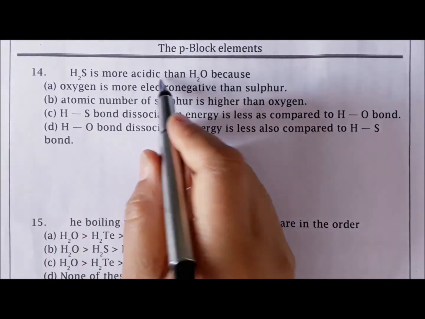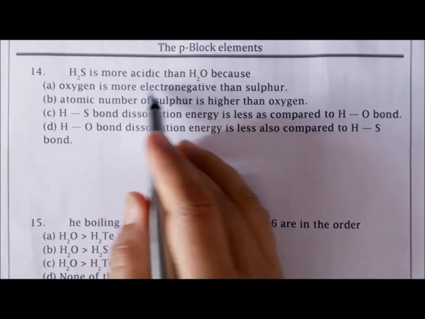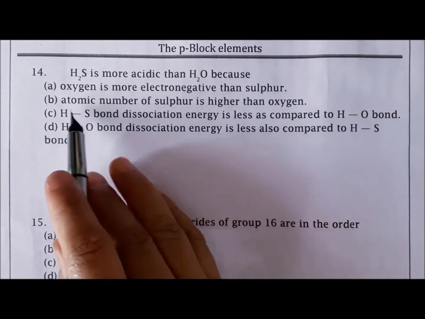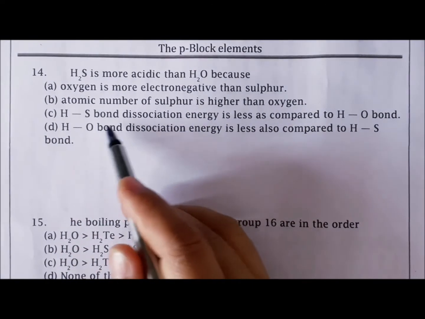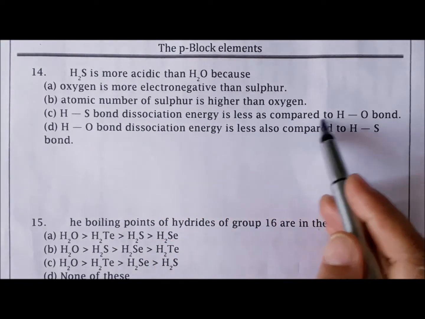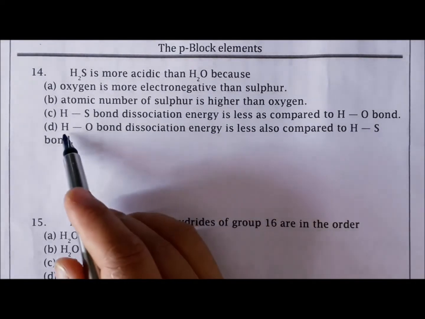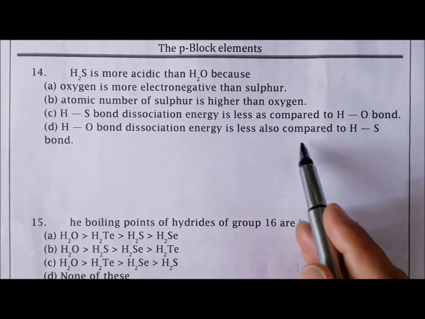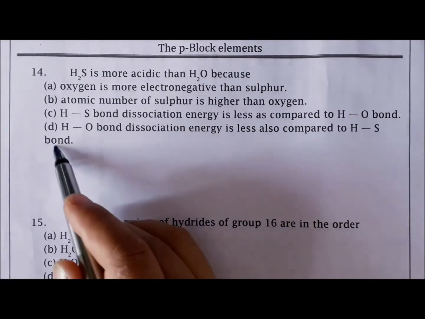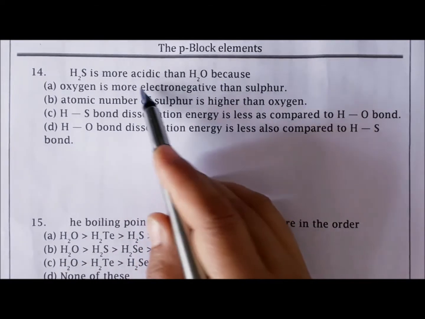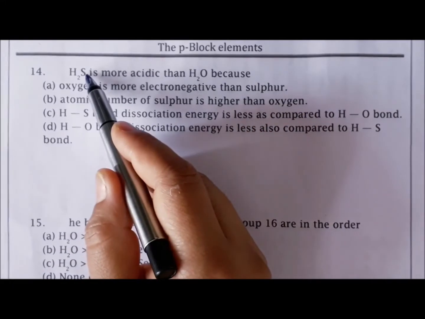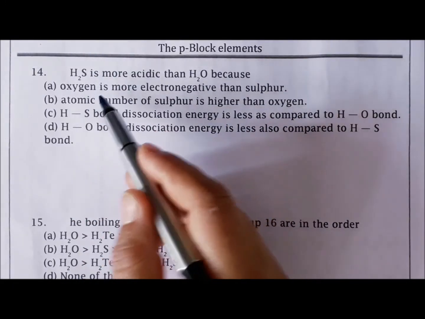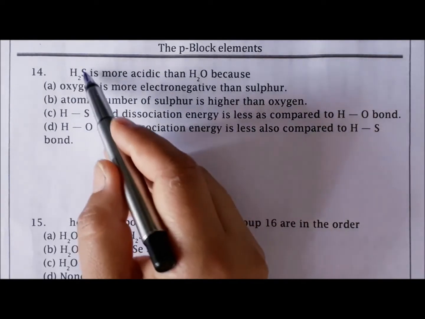H2S is more acidic than water, because oxygen is more electronegative than sulfur and the atomic number of sulfur is higher than oxygen. The S-H bond dissociation enthalpy is less as compared to O-H. Sulfur is below oxygen, so it has a larger atomic size and because of that the bond length is longer.